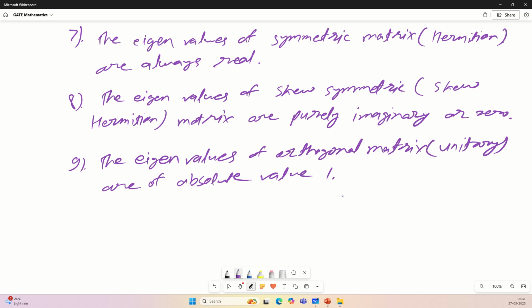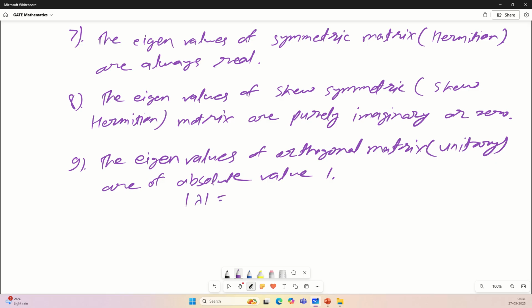The eigenvalues of an orthogonal or unitary matrix are of absolute value 1. It means, let us say, the absolute value of lambda, my eigenvalue, must be equal to 1. So for example, if one of the eigenvalues is 1, another will be -1. If it is i, it will be -i. If it is 1 by root 2 plus i root 3 by 2, understood?